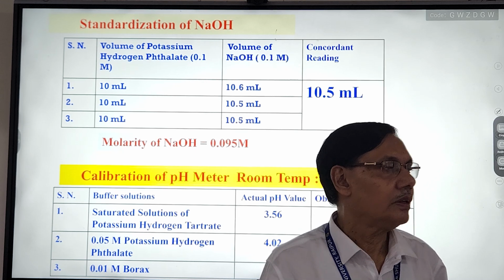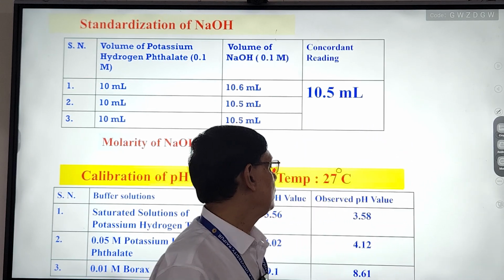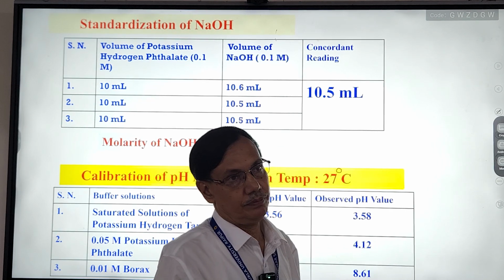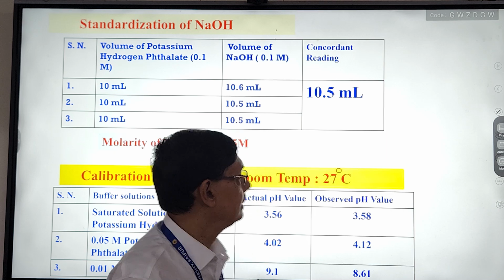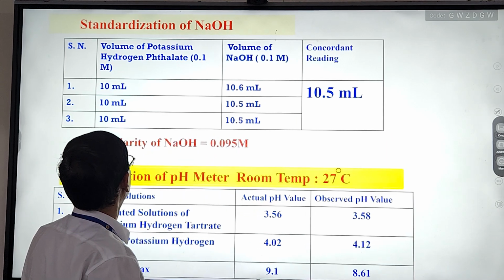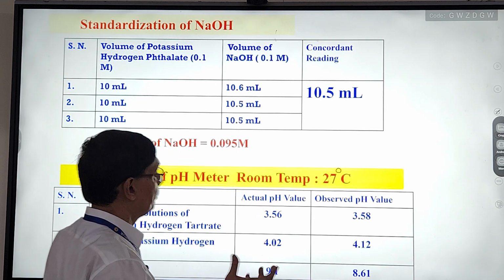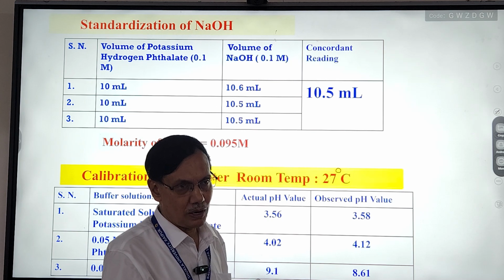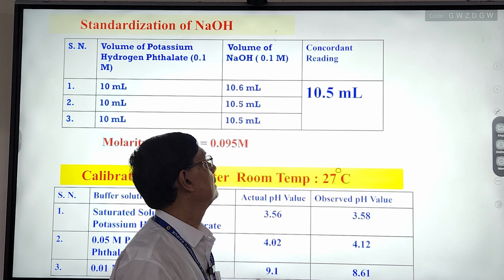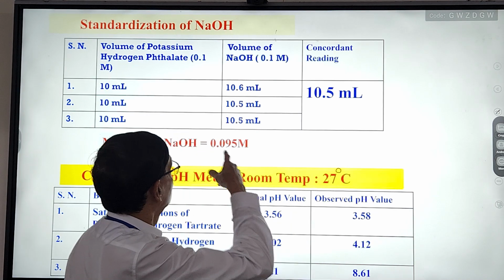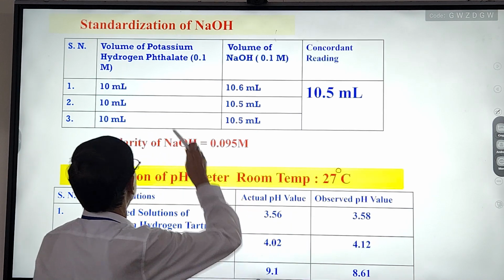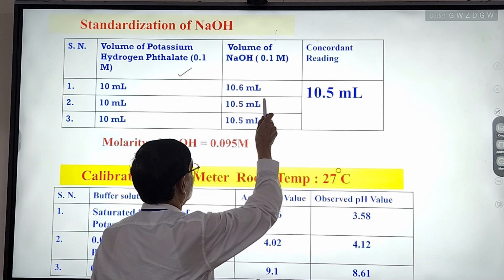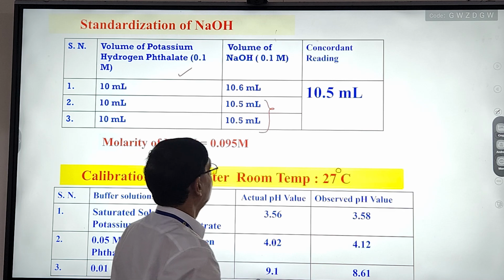I am very happy that you have determined the different pK values using this pH meter, and I have seen your standardization. You prepared 0.1 M sodium hydroxide and titrated with potassium hydrogen thalate, and I think you are getting concordant reading 10.5.